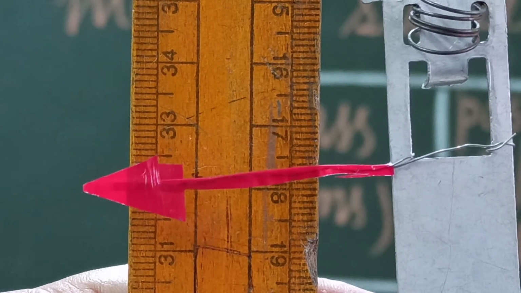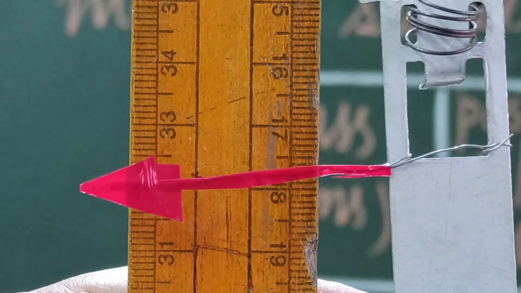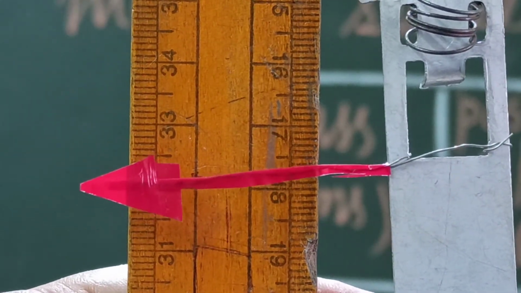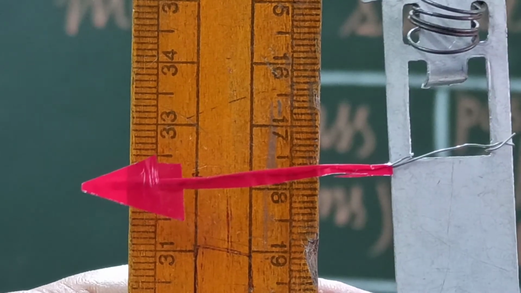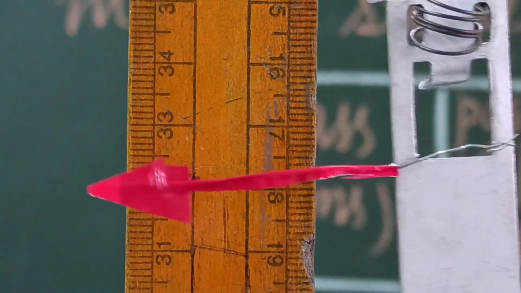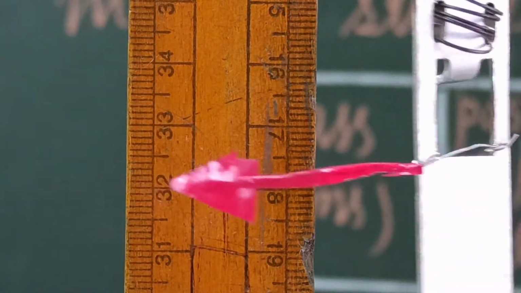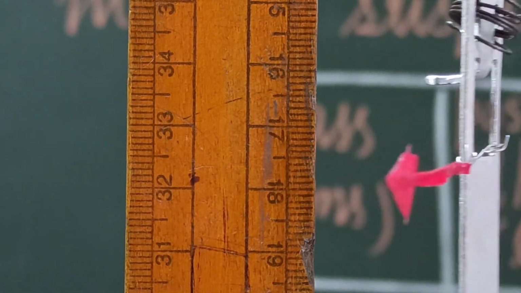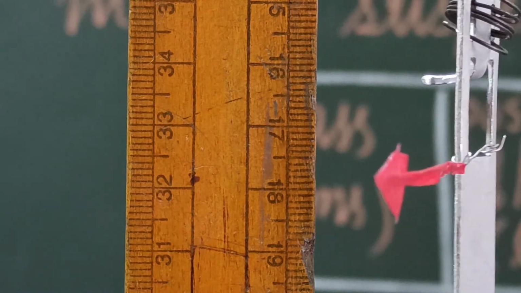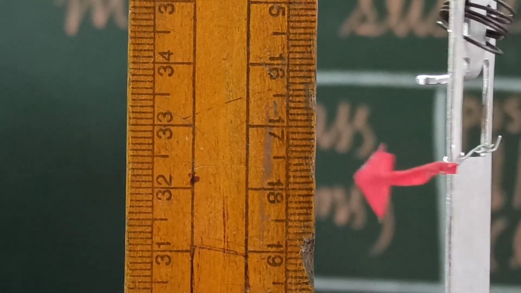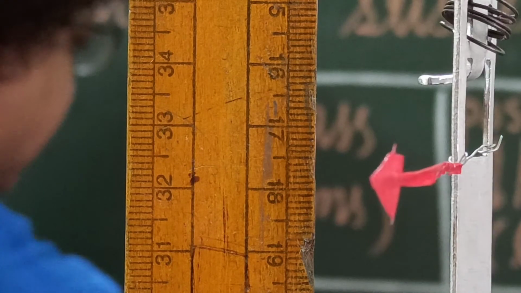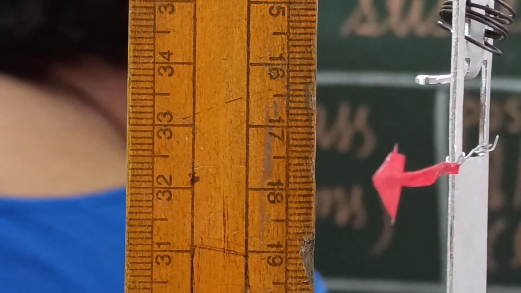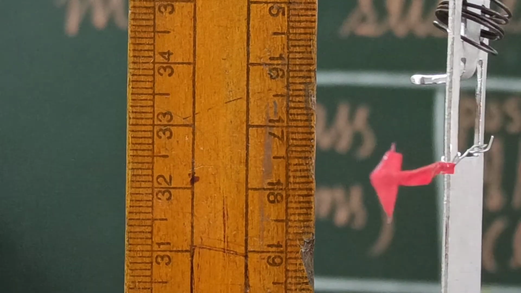So the reading is 17.7. For what mass? Mass is 10 grams. So let me write this 10 grams mass and 17.7 reading. Right here mass is 10 grams and the reading is 17.7 centimeter.